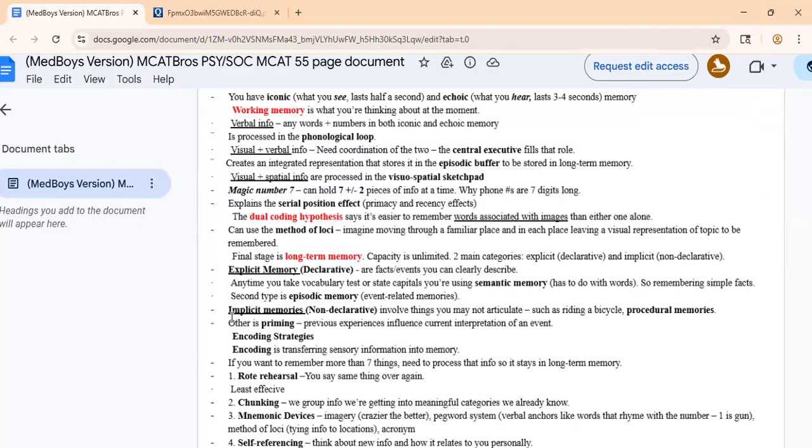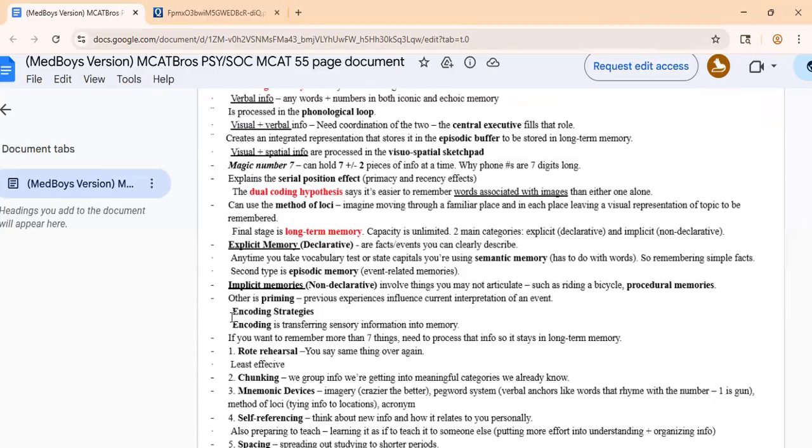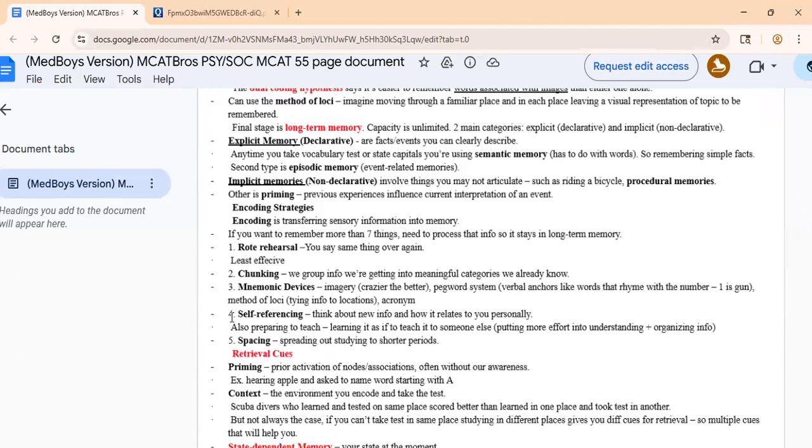Implicit involves things you cannot articulate, like riding a bike. Procedural memory is one of them. This is how we learn.